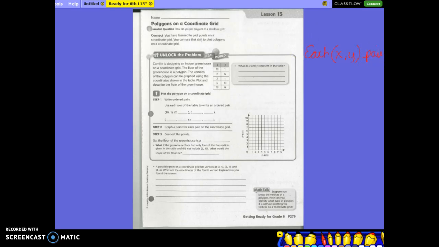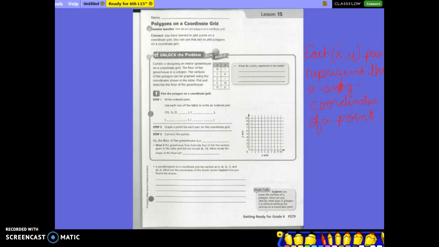We call that an ordered pair. So each x, y pair represents the x and y coordinates of a point. Okay.